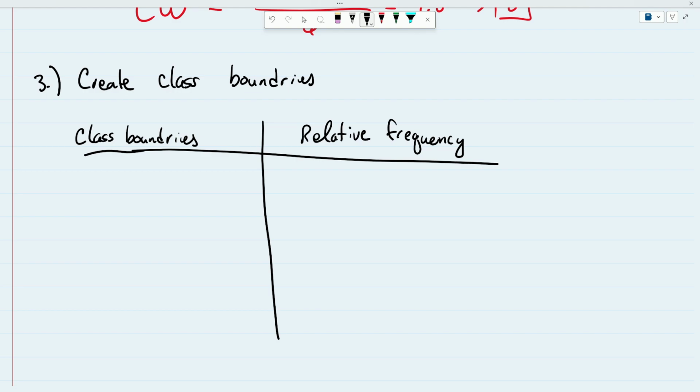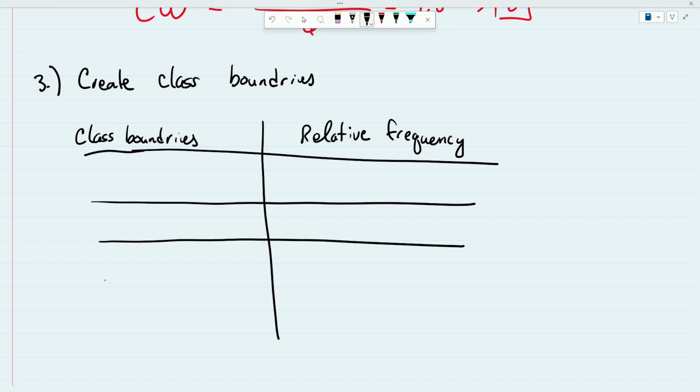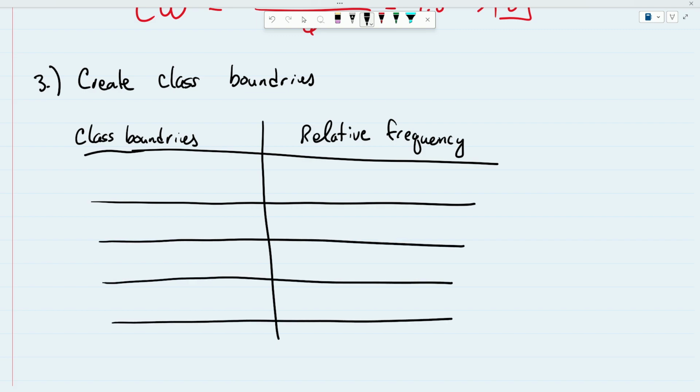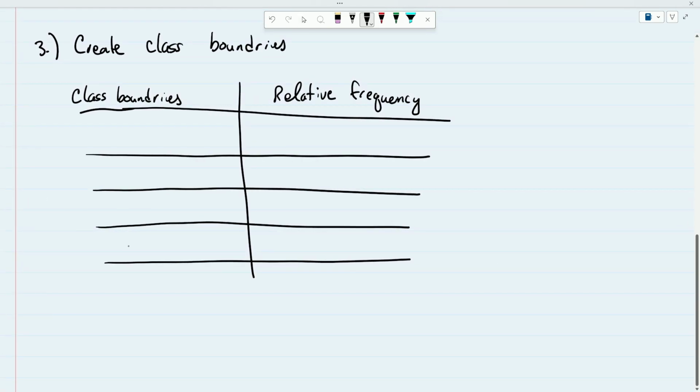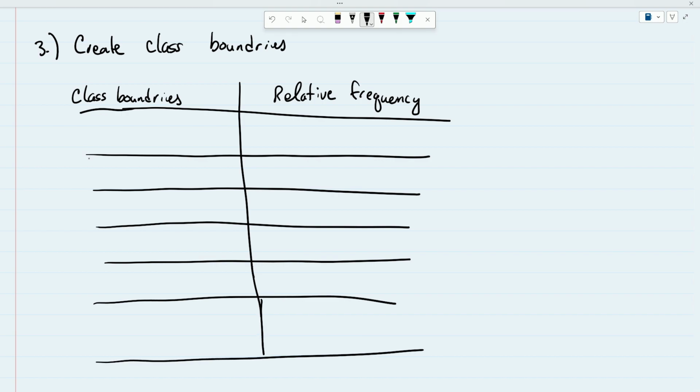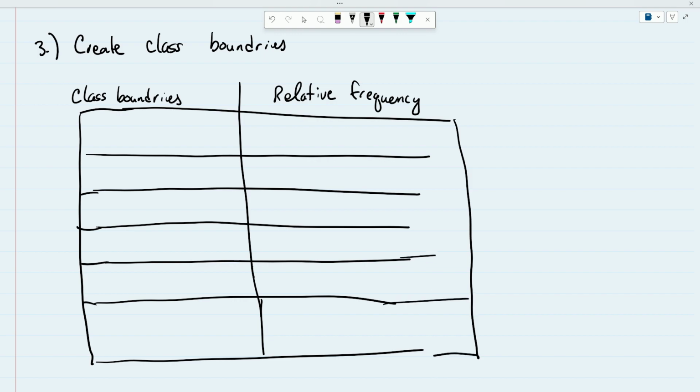Okay. And we know we want 6 of them. All right. So just give me a second here. There's 1, 2, 3, 4. Zoom out a little bit. 1, 2, 3, 4, 5, and 6. All right. So kind of square this away a little bit. Make this look pretty. There we go. It's not exactly the best looking thing that I've ever made, but it'll work.